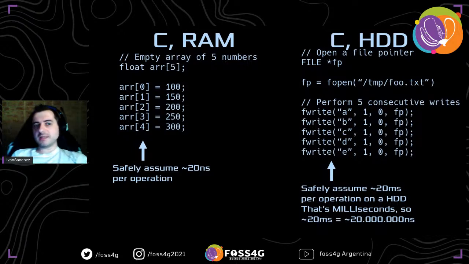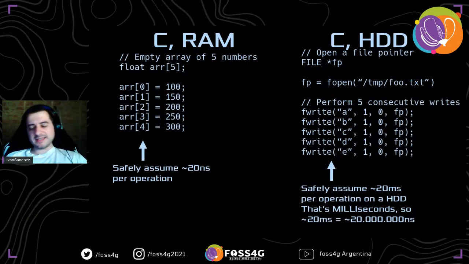When you're doing the same-ish thing to permanent storage, you are opening a file and you're going to write 5 letters to it. Each of those write operations is going to take 20 milliseconds because this is blocking, or at least your program has to wait until the operation is finished, because that's how it usually works unless you are pulling some tricks.